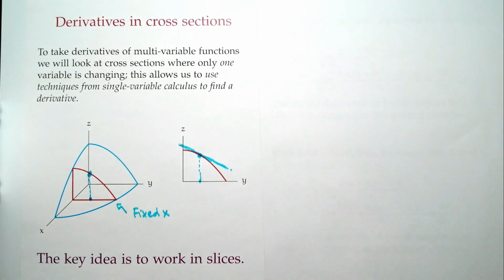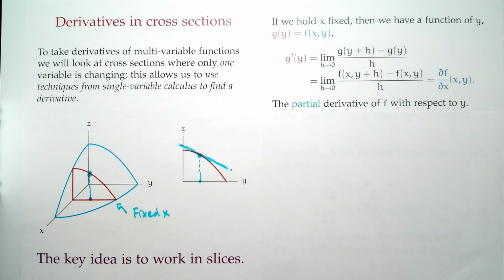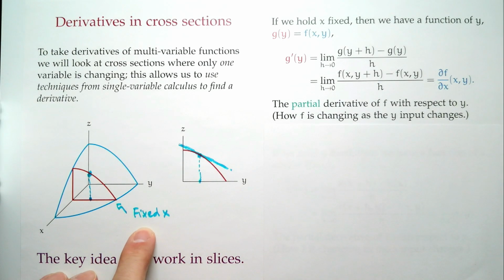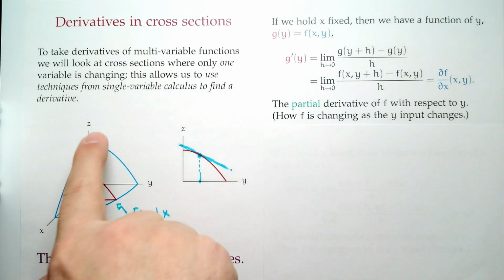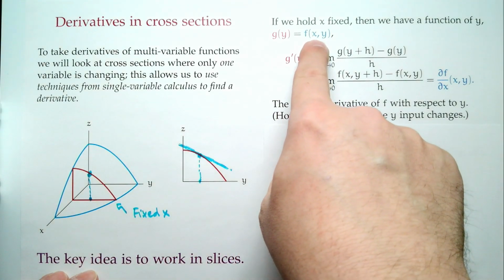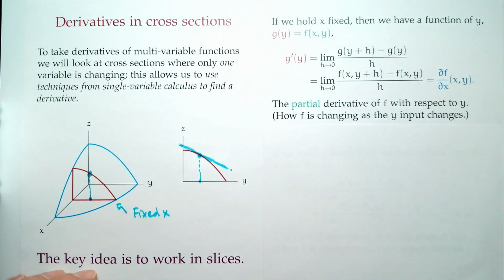Now let's talk a little bit about what's going on. In particular, in this picture we fixed x, and so if the surface is my f of x, y, now when I think of x fixed, my cross section is down to just a function of a single variable, a function of y, and I take its derivative, g prime of y.